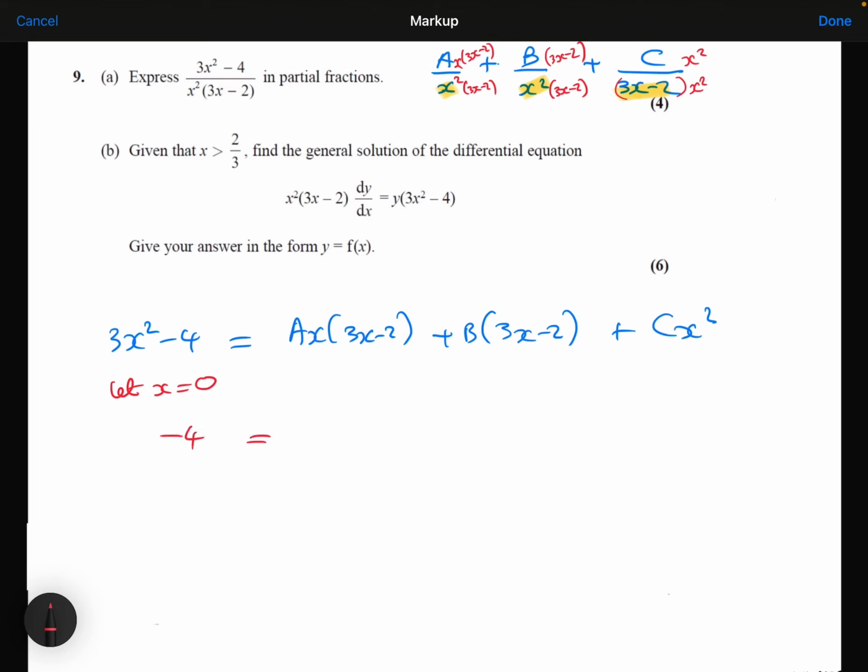On the right-hand side, the A term and the C term will disappear, and I'll get B multiplied by 3 times 0 minus 2, which is minus 2. So this is telling me that B equals 2. Minus 4 divided by minus 2 is 2.